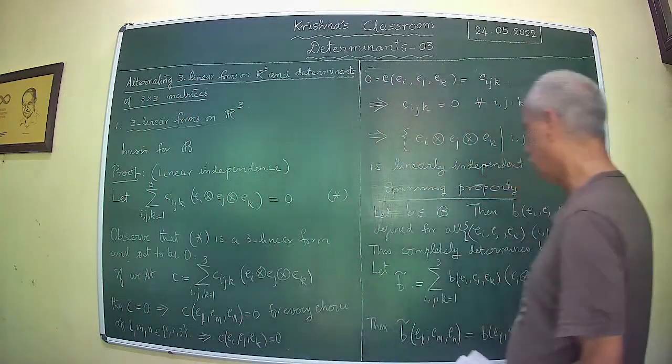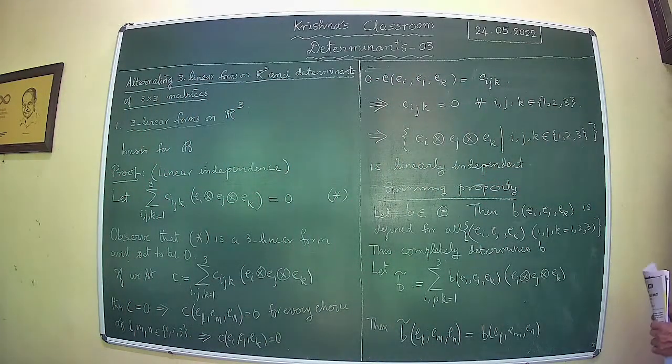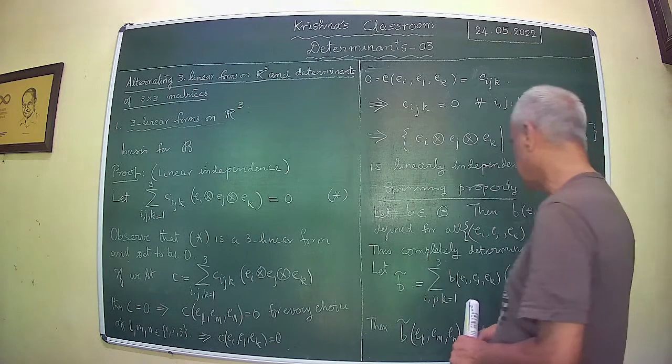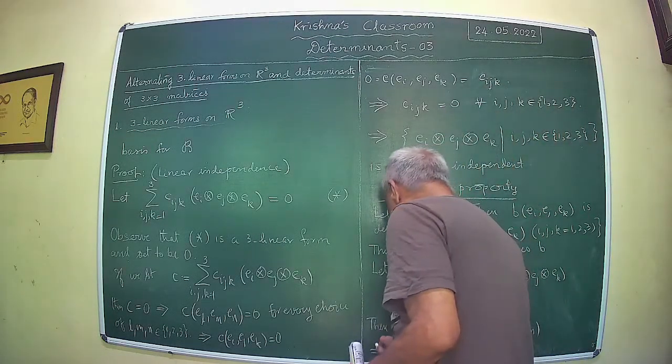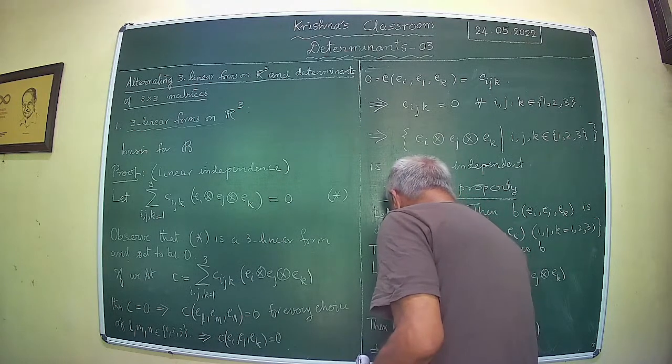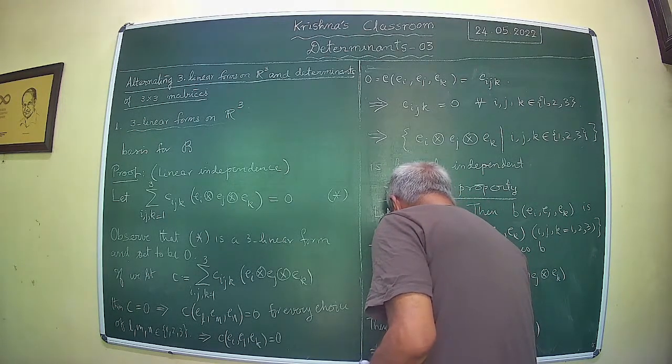Therefore, if you start with any B, it can be written as a linear combination of this. Therefore, B equal to B tilde.